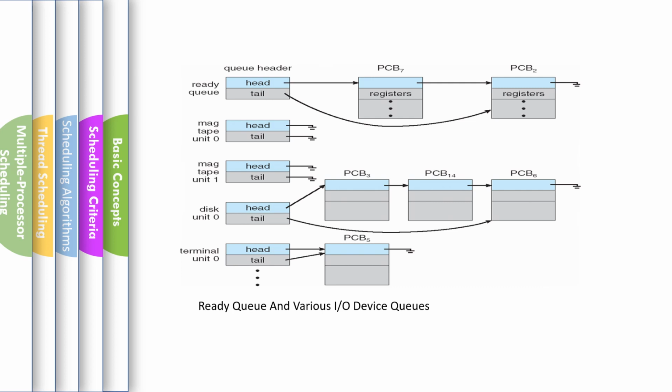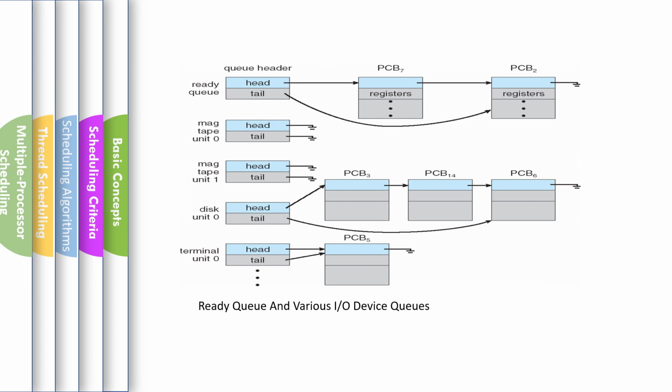Next, we also saw the list of queues that are present in the system. This snapshot shows a list of queues that are used by the operating system to manage the process execution. Here we have a ready queue, the first one, which contains two processes.